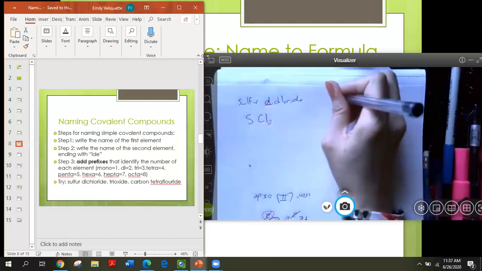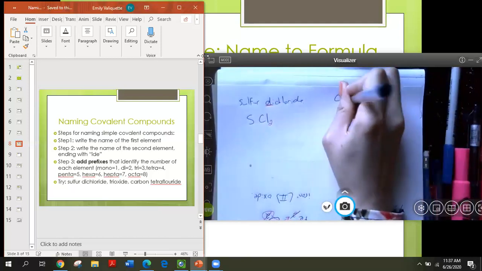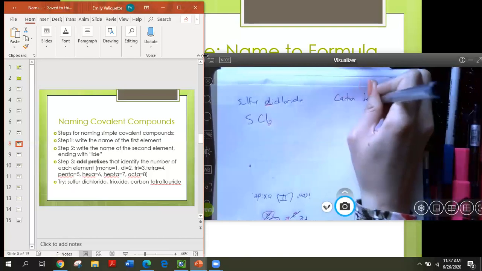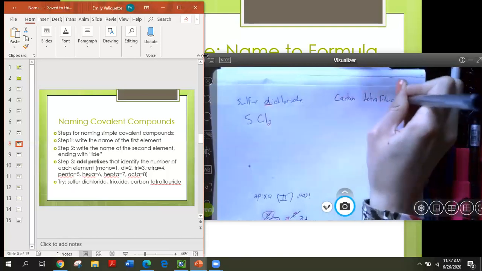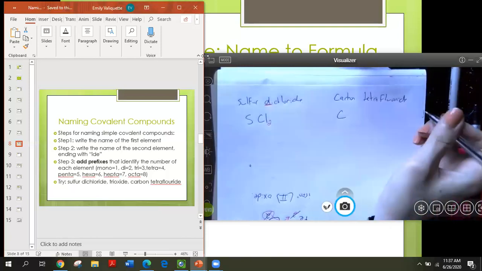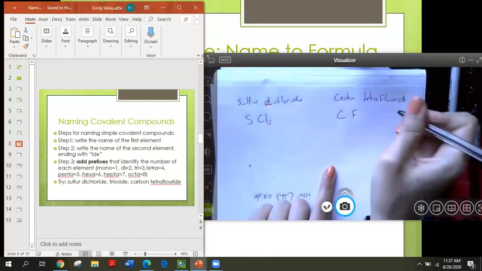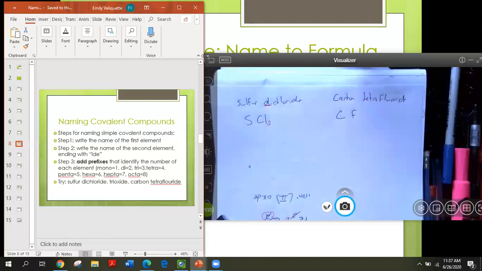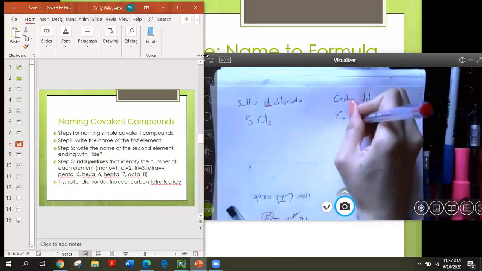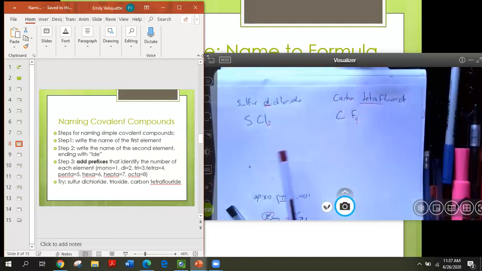If we were to do carbon tetrafluoride, carbon is a C, fluoride refers to fluorine, so that's an F, and then tetra tells us that there's 4 of the Fs.